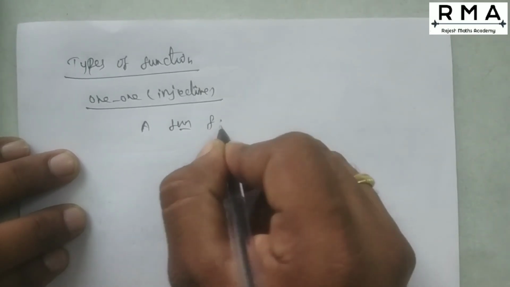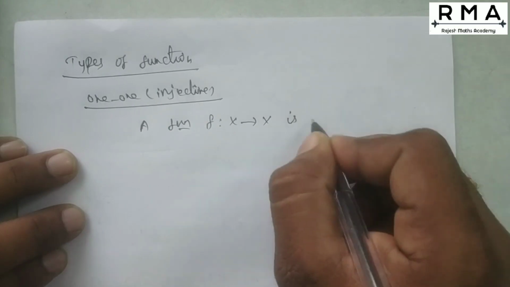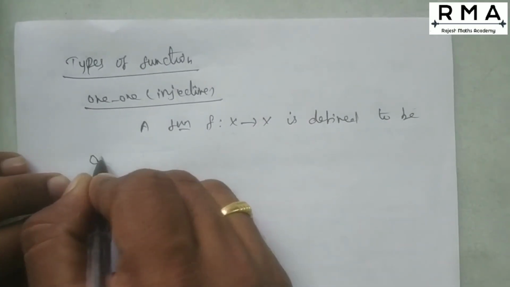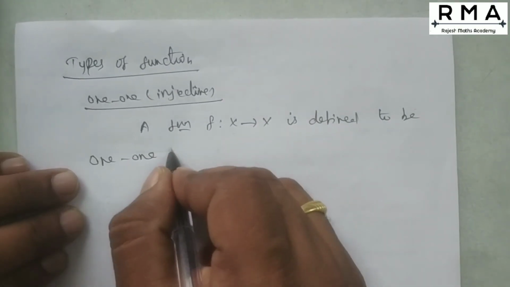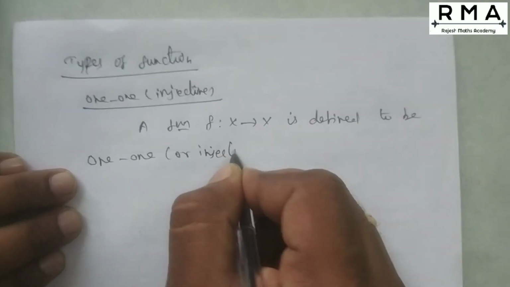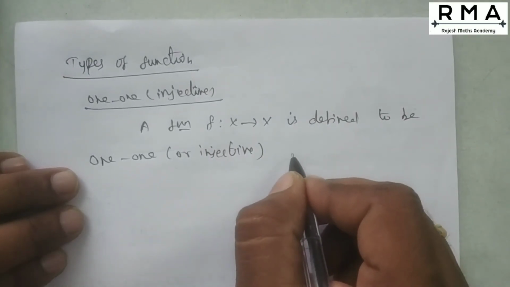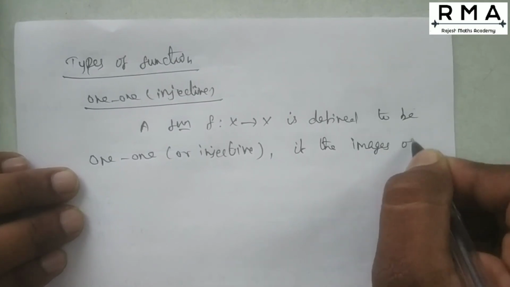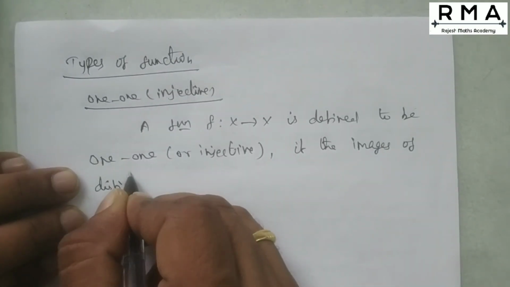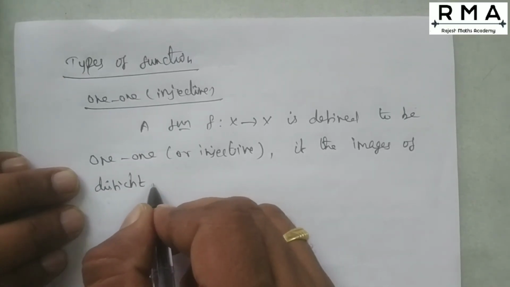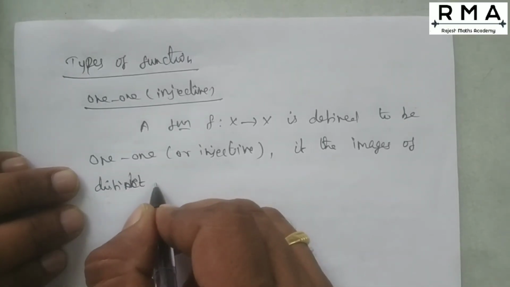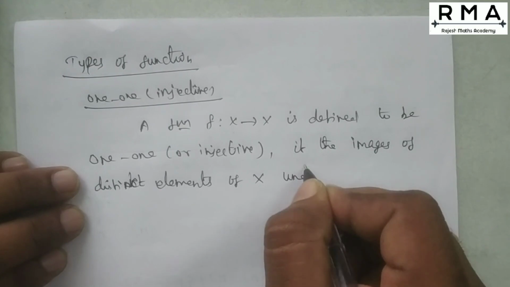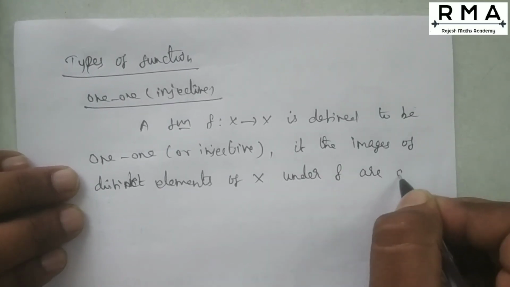A function f from x to y is defined to be 1-1 or injective if the images of distinct elements of x under f are distinct.